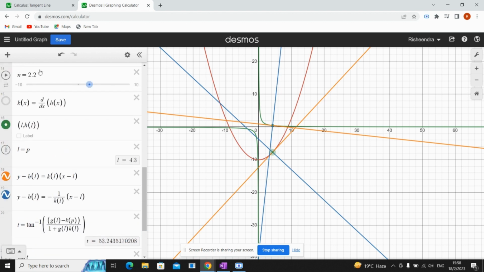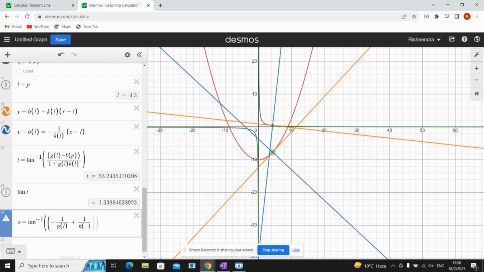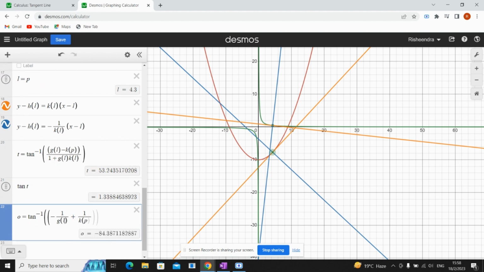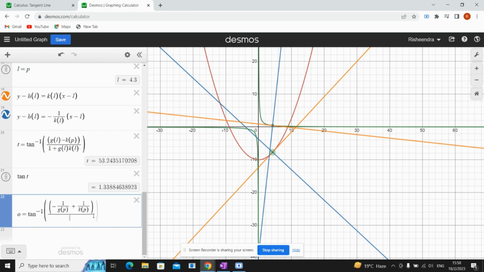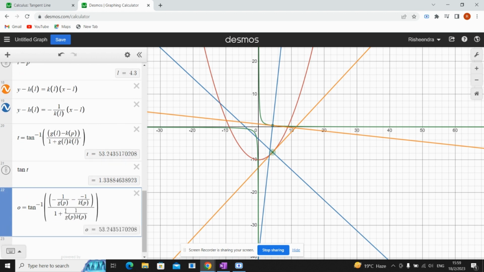L value and P value are the same because of this condition here, L is equal to P. So I'm taking it as P. Let's have a mod here by 1 plus P.